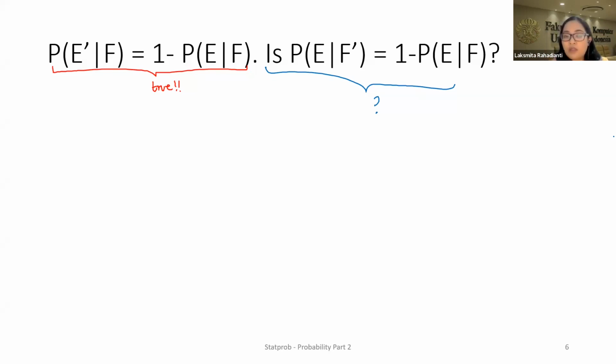The first statement, the red statement here, is using the same sample space, so the conditioning event is F. That's our sample space. And over that sample space, we consider a complementary event, E and E complement. So yes, the complement axiom of 1 minus is valid for the first statement.